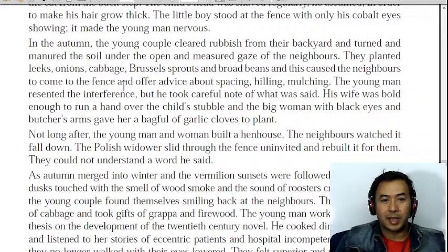But the man did not like the disturbance and interference; resented means he hated the interference of the neighbors. But his wife was quite bold and listened to the others, and also had good eye contact with them, and some of them gave her a bag full of cloves to plant there.